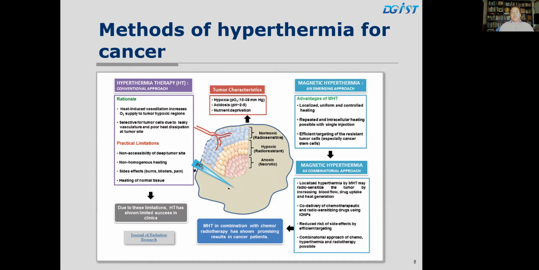Of course, there are some practical limitations. The tumor can be very deep. Heating can be non-homogeneous, not uniform in the target area. There can be side effects, of course, of burning, blistering, pain, and collateral damage to normal tissue.